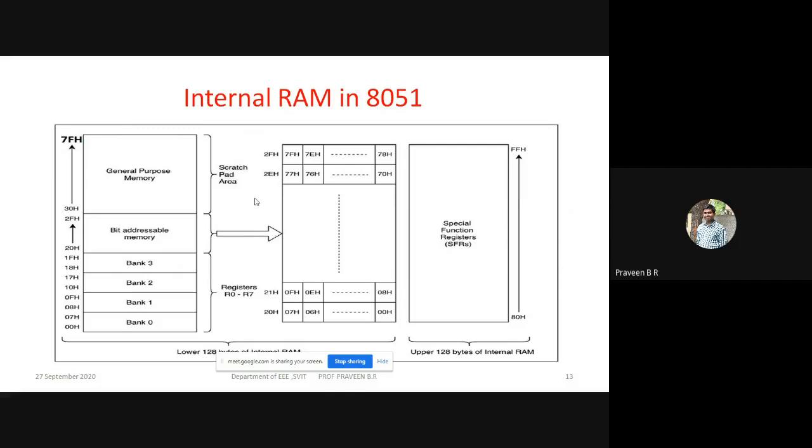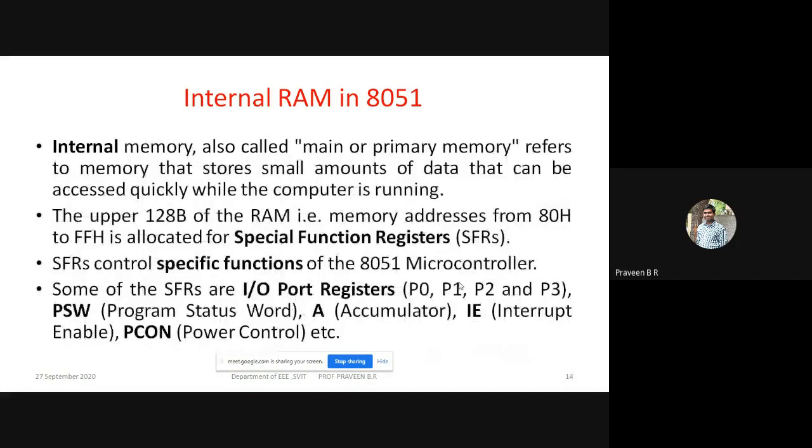The lower 128 bytes of internal RAM consists of three parts, that is the register bank, bit addressable area, and general purpose memory, whereas the upper 128 bytes of internal RAM consists of special function registers, that is from 80H to FFH. As I told you, an internal memory is also called the main memory, which stores a small amount of data which can be easily accessed when the computer is running.